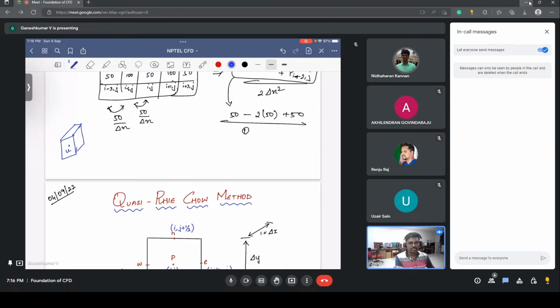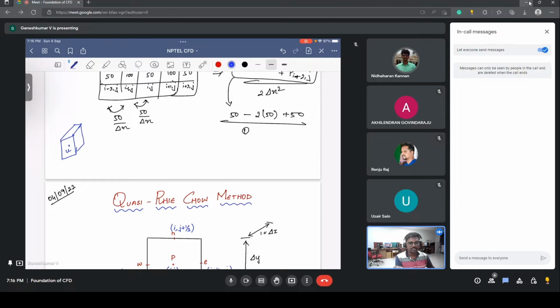So temperature is independent of velocity and pressure, and velocity and pressure are independent of temperature, right? Exactly. If temperature doesn't affect the velocity and pressure, then why should I avoid it?